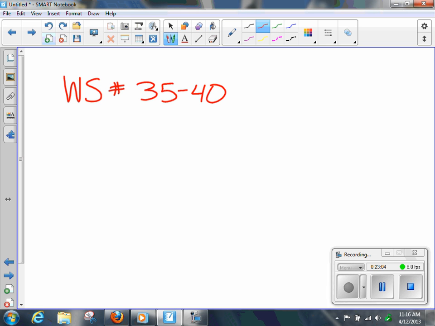The second two will be the sine formulas, and the last two will be the tangent formulas. You're going to have to do 3 sets of triangles. One set for 35 and 36, a second set for 37 and 38, and then your last set for 39 and 40.